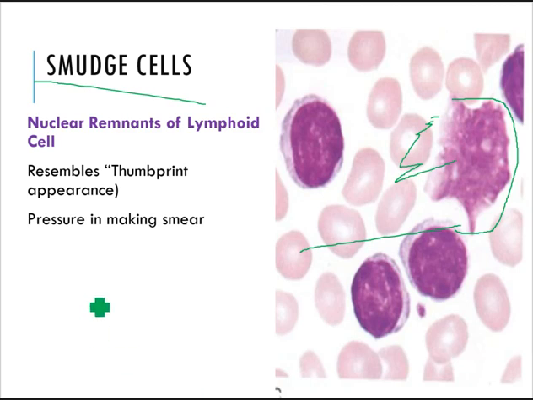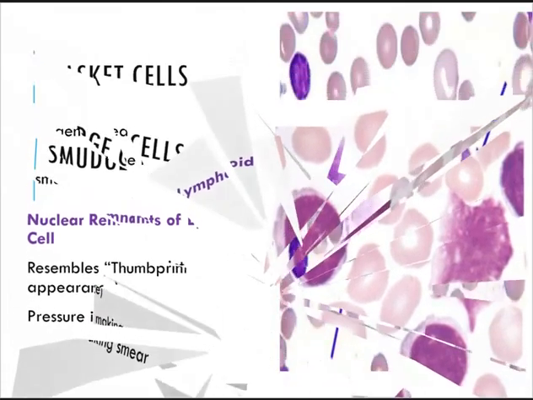One thing to take note of is that one reason could be that it's not an abnormality. It's in how you make your smears. Maybe your pressure in making smears is too great. That's why your cells get ripped or smudged, resulting in smudge cells.